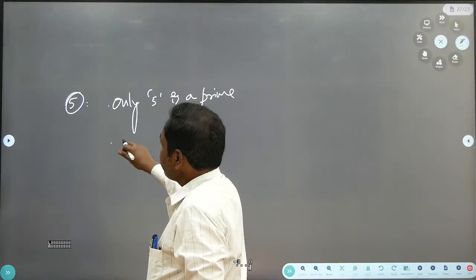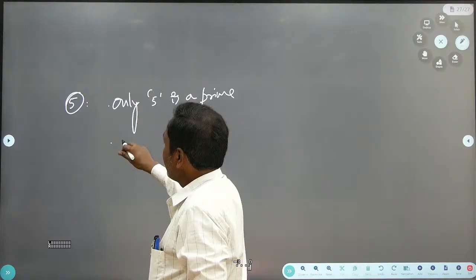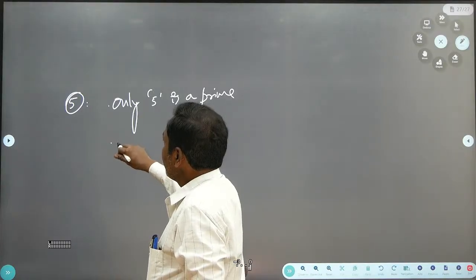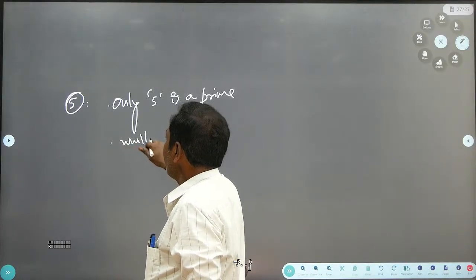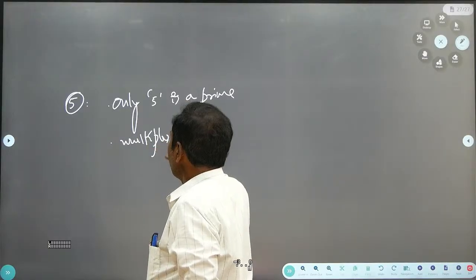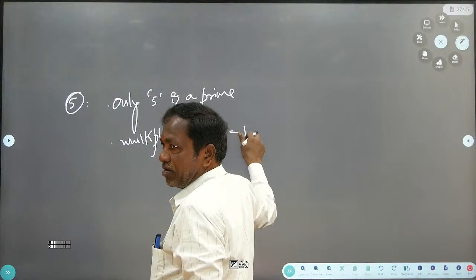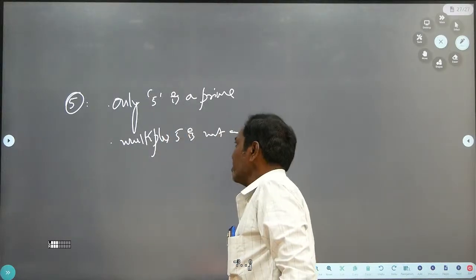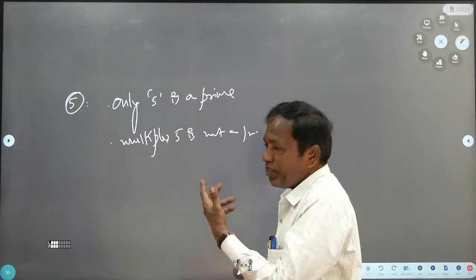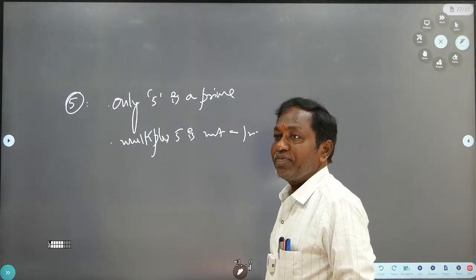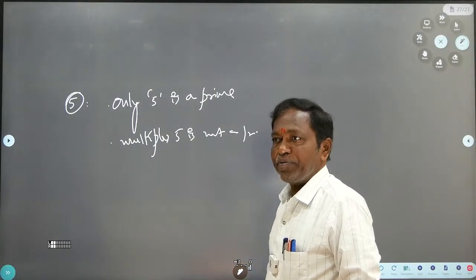And multiples of 5 are not prime. It's always not a prime. Multiples of any prime number are not a prime number, because for every prime number it will come like that only.